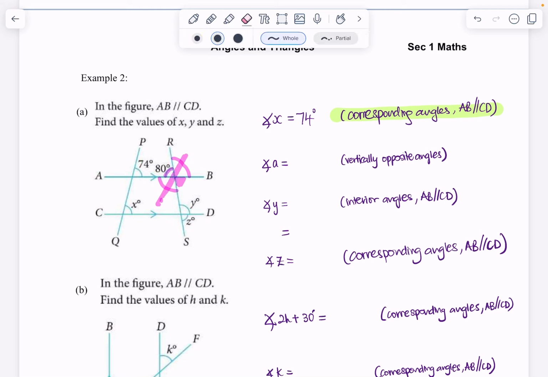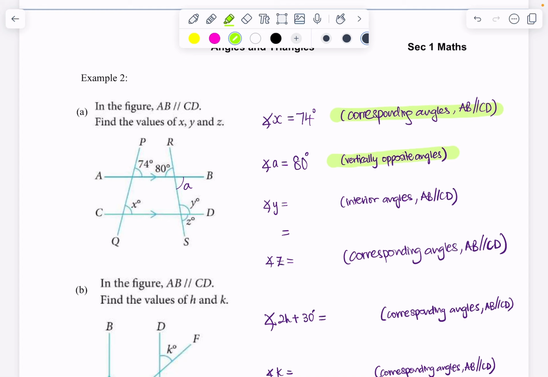Since this angle is not labeled, I'm going to first label it. I'm going to call this angle A, so that in my presentation, I can make reference to this angle. Due to vertically opposite angles, we can see that angle A must be 80 degrees. I have written down my reason as vertically opposite angles.